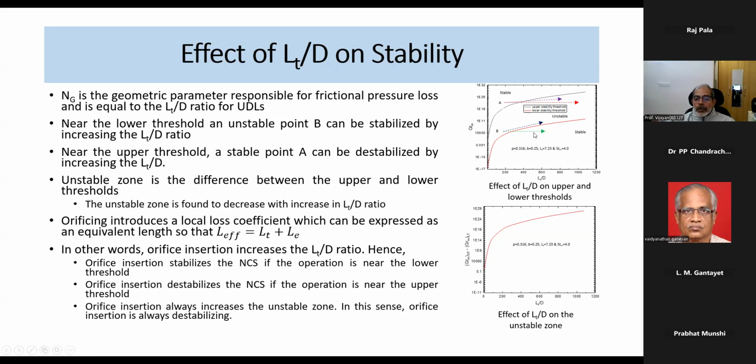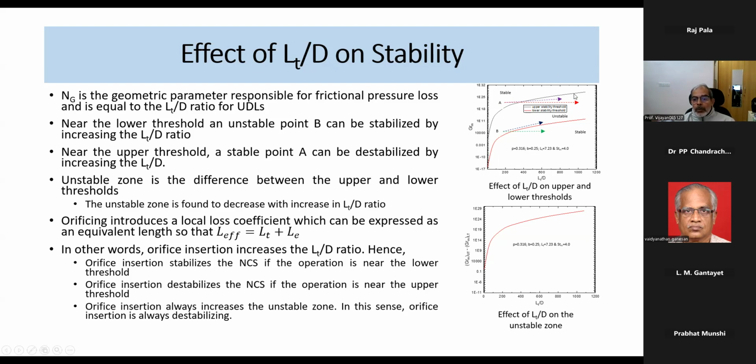It actually comes into this stable region. However, near the upper threshold, what happens? If you take the point A, which is stable, but if you add an orifice, you find that it comes into the unstable region. So that is the problem. It does not have the same effect on the lower and upper threshold.